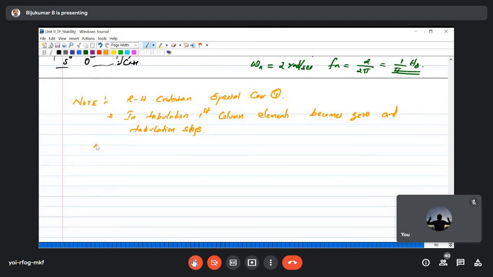So what is the solution if this case arises? The remedy is to replace that 0 by epsilon and continue the tabulation.